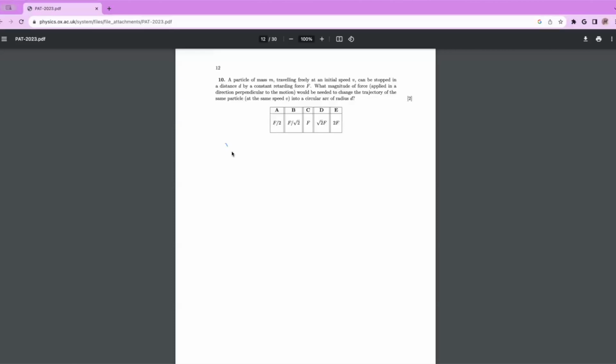So I'm going to do a kinematics approach. If we want to find the acceleration or the force, we note that Vf squared is equal to V naught squared plus 2 times acceleration times the distance. We don't know the sign of this acceleration right now.